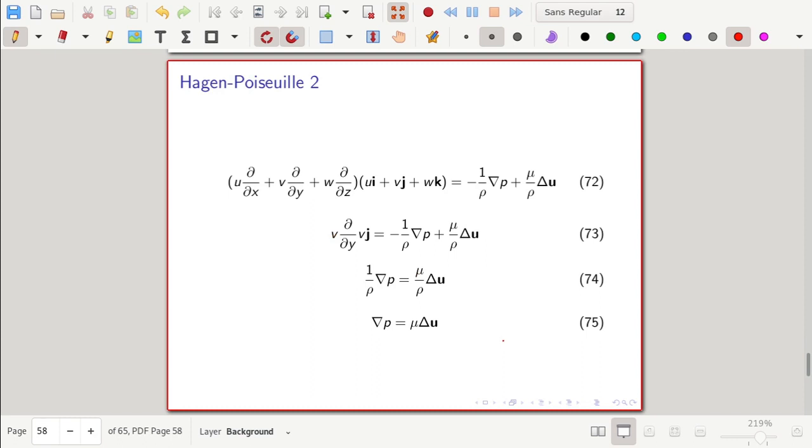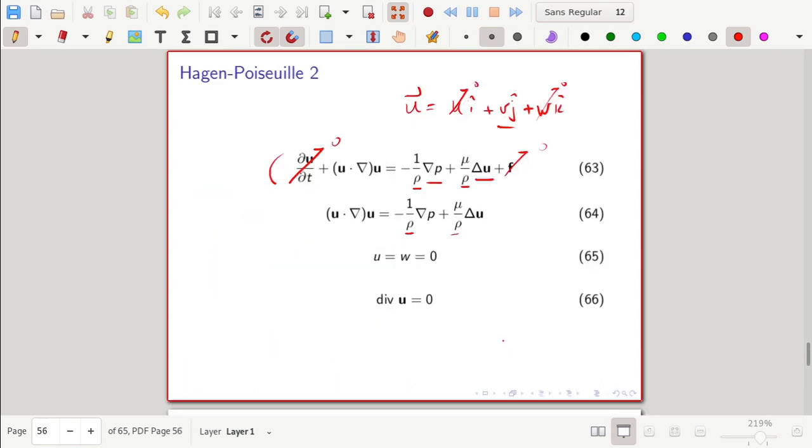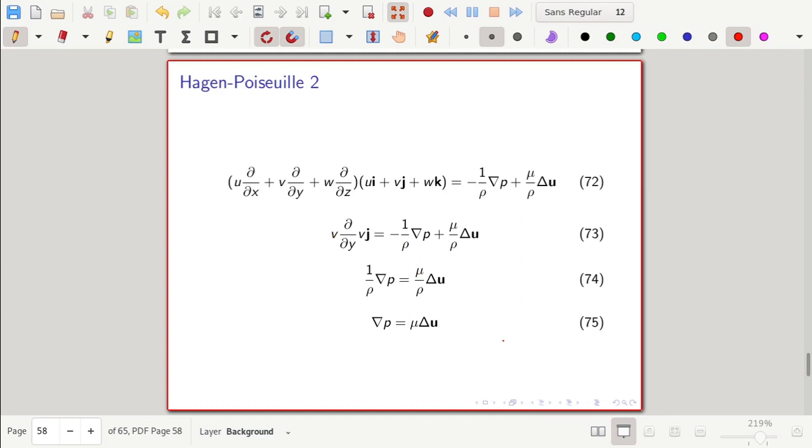It's actually more convenient if we apply the zeros of the components u and w before doing the distributive. You can do it afterwards, but it doesn't matter. But in the end, what we have here, this is 0, this is 0, this here is 0, and this here is 0.